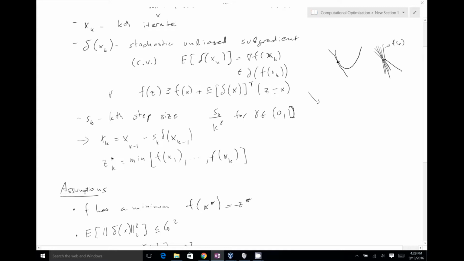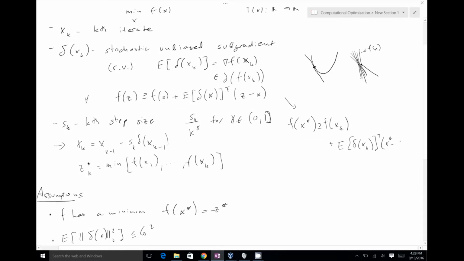So let's, in particular, plug in x star. So here I have f of x star is bigger than or equal to f of xk plus the expectation of the gradient at xk transpose times x star minus xk.